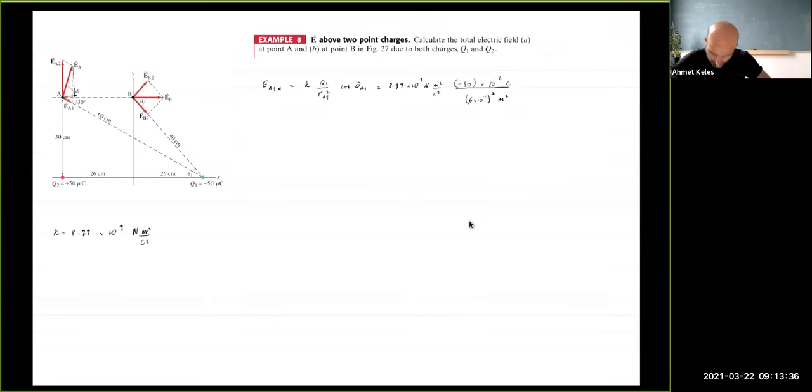This is meter squared. Okay, and if you do this, let's see what I'll find. So this whole thing should be minus 1.25 times 10 to the 6 Newton per Coulomb.